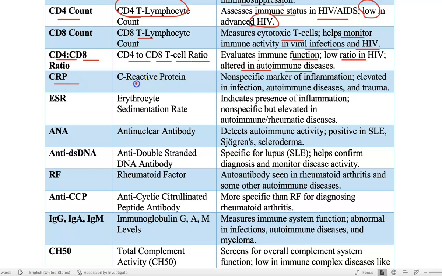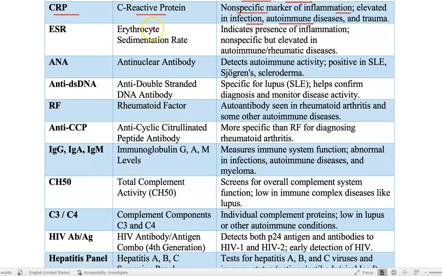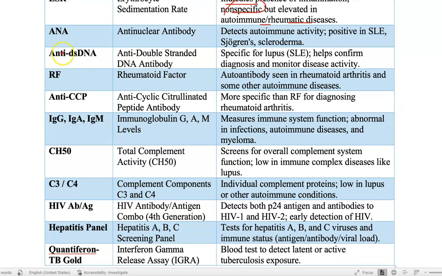What about the CRP? C-reactive protein is a non-specific marker of inflammation. It is elevated generally when we have infection, autoimmune diseases, and trauma. What about the ESR? That is the erythrocyte sedimentation rate. It's supposed to indicate if inflammation is present. Generally non-specific, but it is elevated in autoimmune or any kind of rheumatic diseases. What about the ANA?